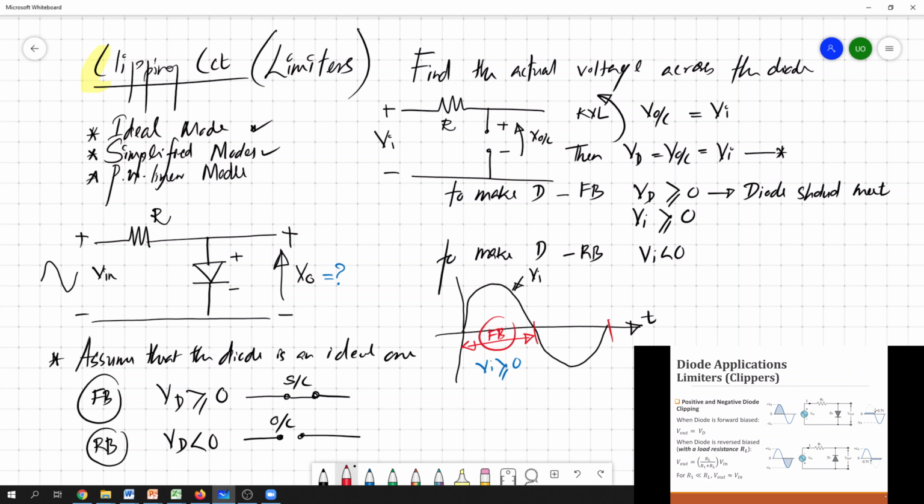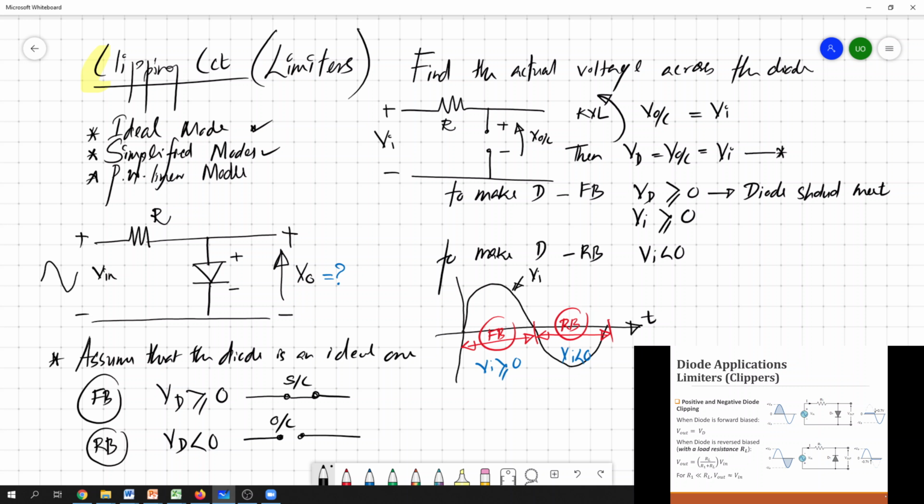During this region, your input voltage is less than 0, so your diode is reverse biased. So we have identified when and where this diode gets forward and reverse biased.